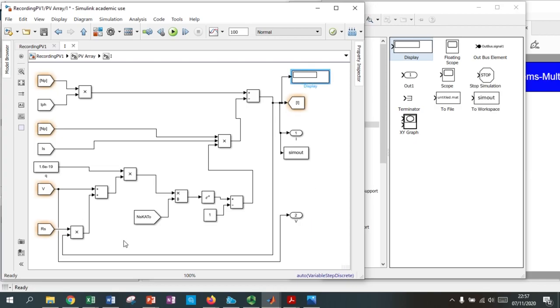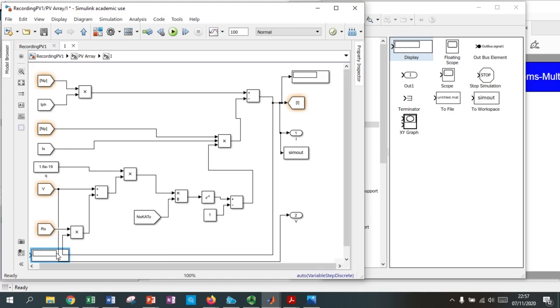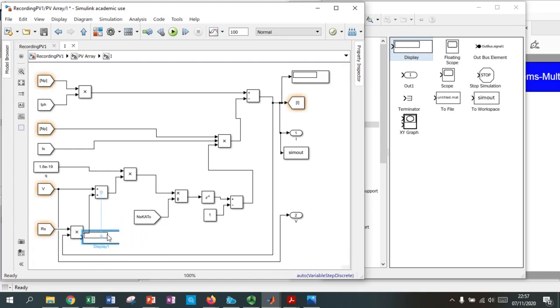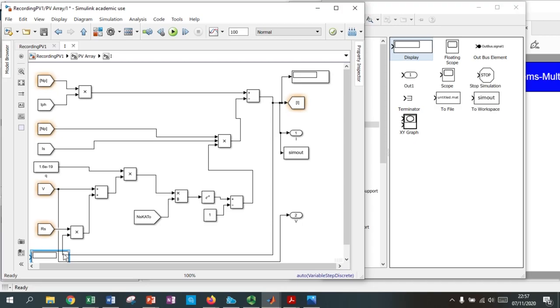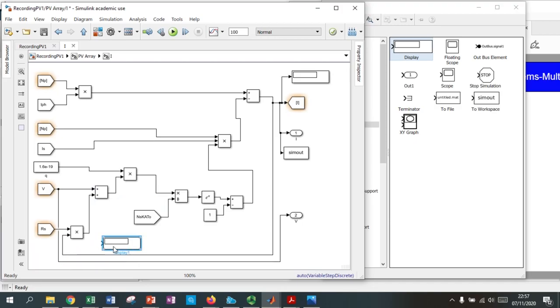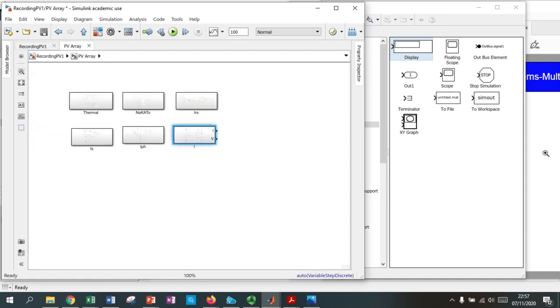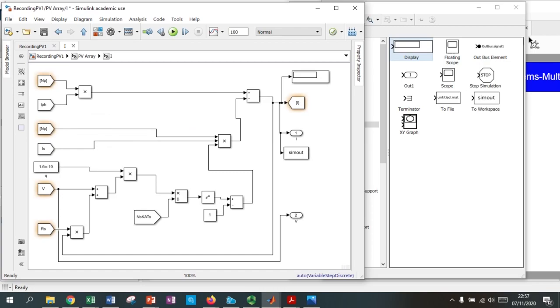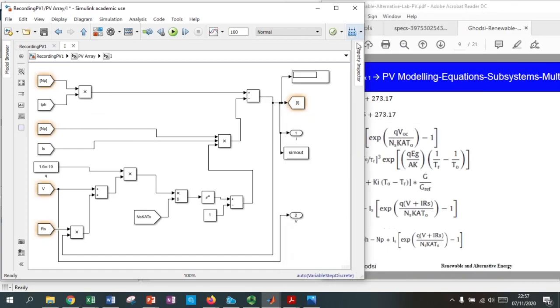Control C and Control V. This is our output, or no need. This one is no need for this part. Now RS is available, then multiply to I again. Now it seems that everything is ready for the I.